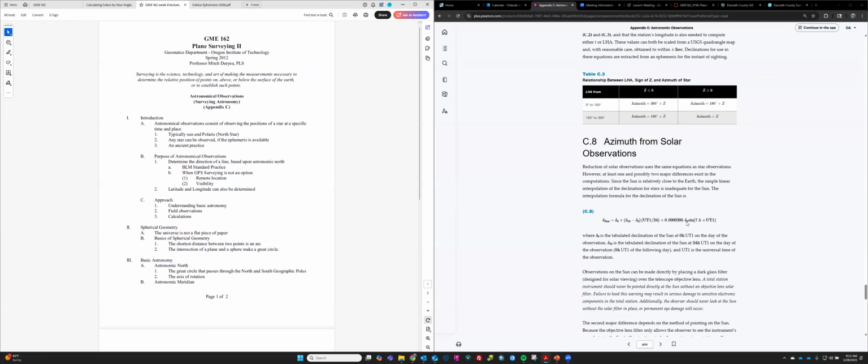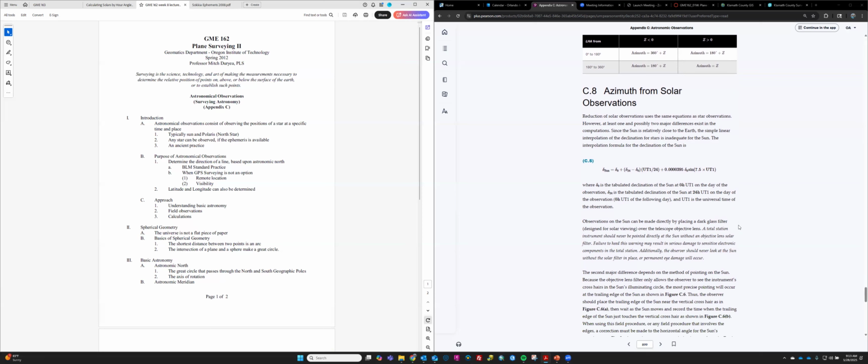Then we have your base time times the sine of 7.5 times your universal time. Your polar distance is the tabulated declination of the sun on the day of the observation. And we have the polar distance at 24 hours universal time on the day of the observation. And universal time is the time of the observation.